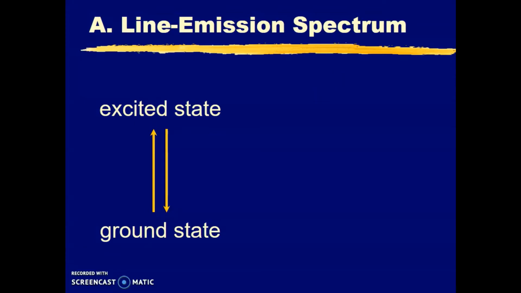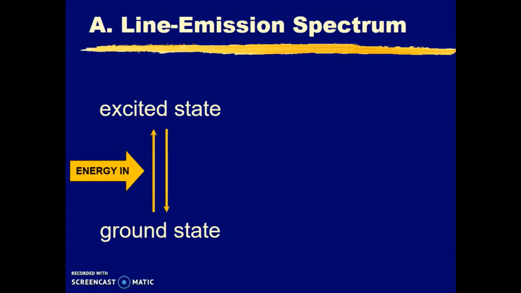Usually an electron is going to be in its ground state. This is its normal, neutral state, where it spends most of its time. But if you put energy in, so you excite the electron by providing it with energy, it will enter the excited state. When the electron releases that energy, it goes back to its ground state.